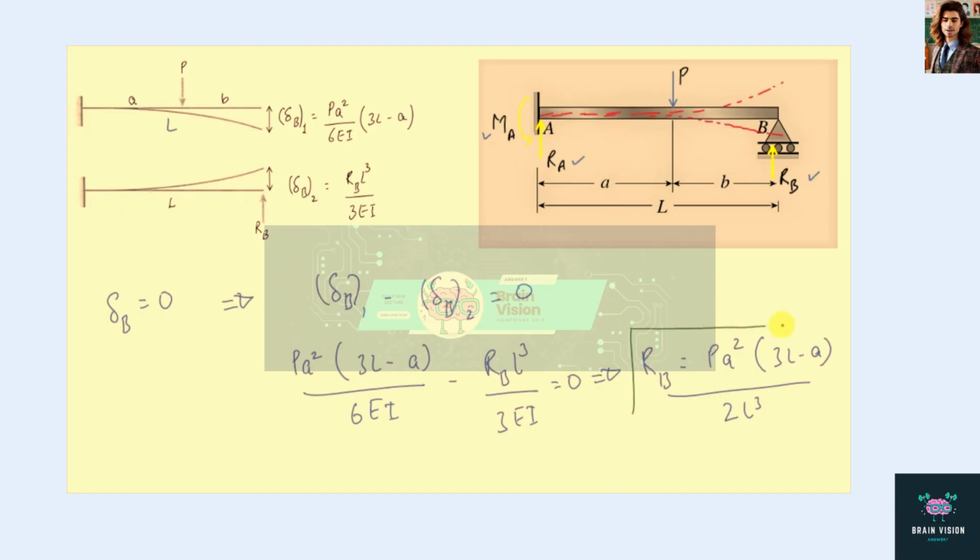Next I will be calculating the expression for RA and MA. For that we will be using the equilibrium conditions of the beam.